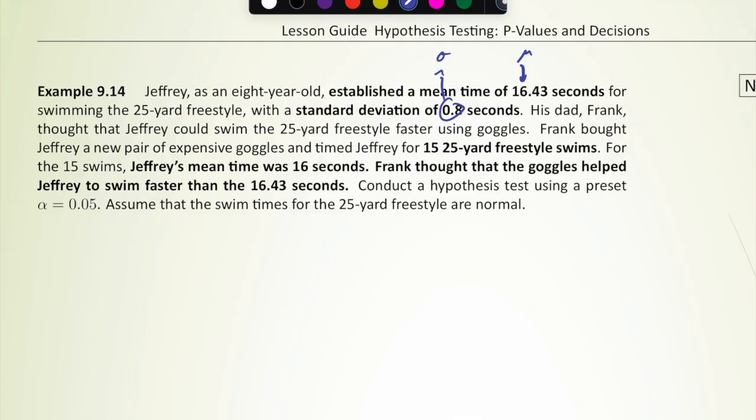Frank thought that the goggles helped Jeffrey to swim faster than the 16.43 that he previously established. Conduct a hypothesis test using a preset alpha of 0.05. Okay, so we're going to start with a 95% confidence on this test. Assume that the swim times for the 25-yard freestyle are normal.